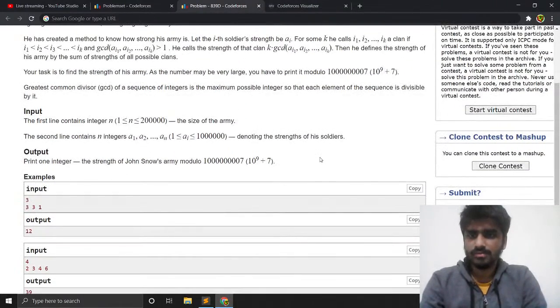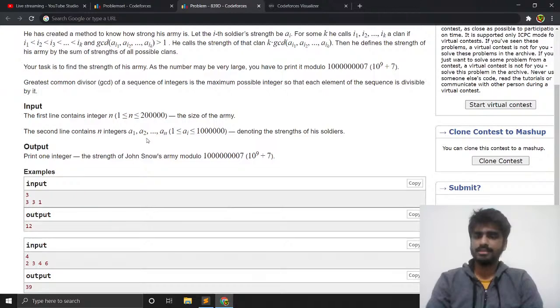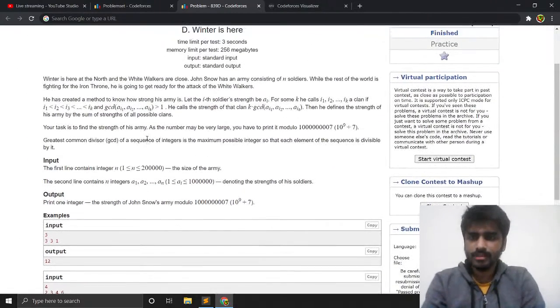Now, they have defined what GCD is. So let's see what they want here. I think this is a subsequence of length k. What does k do? Okay, so k is multiplied here.